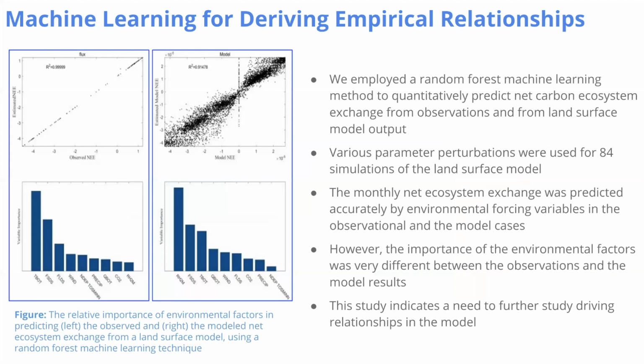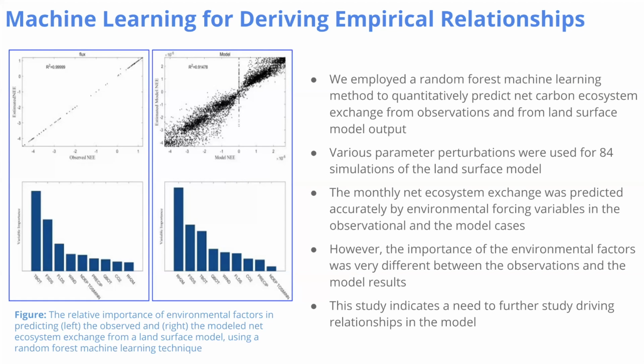One more thing that we've done is apply machine learning to look at empirical relationships. So we used a random forest machine learning method to predict net ecosystem exchange, both from observations in that left-hand column of figures and from the land model output itself, from a whole bunch of these simulations that we ran with different parameters.